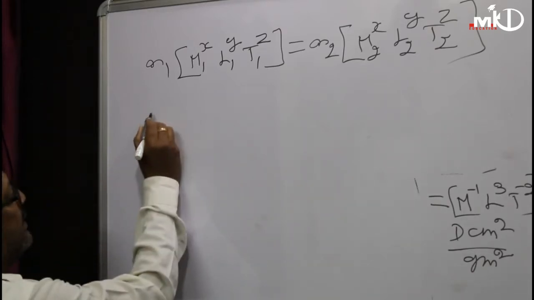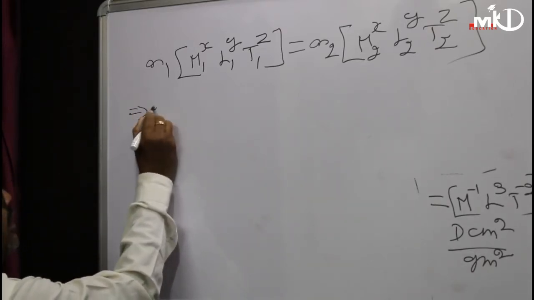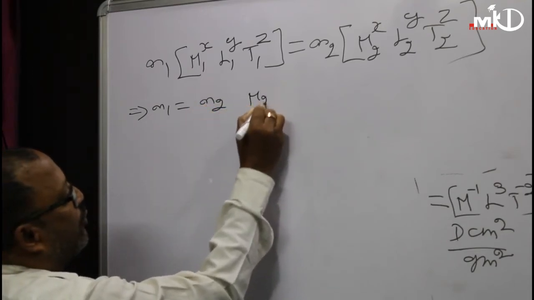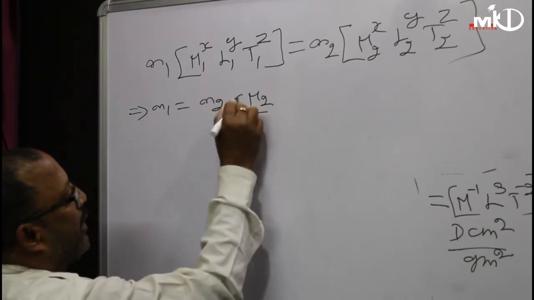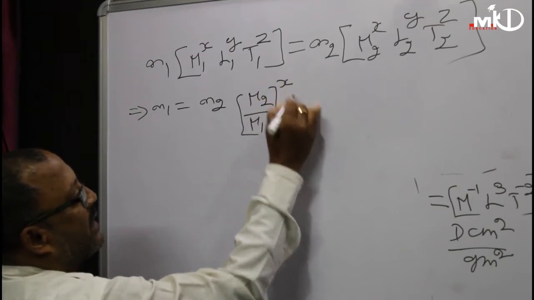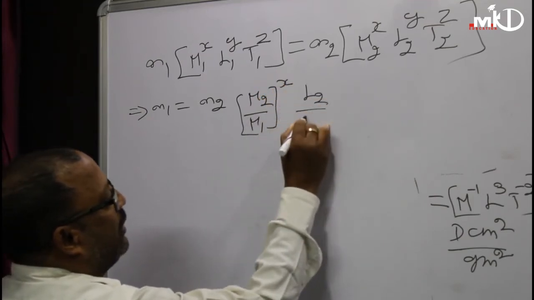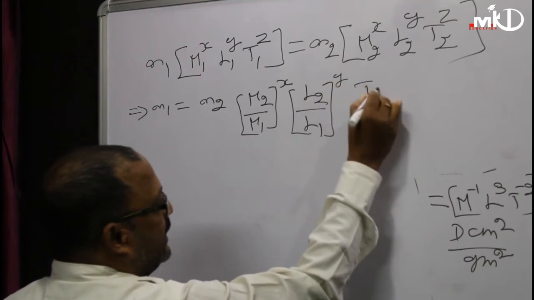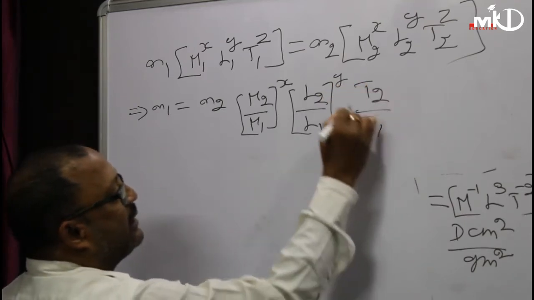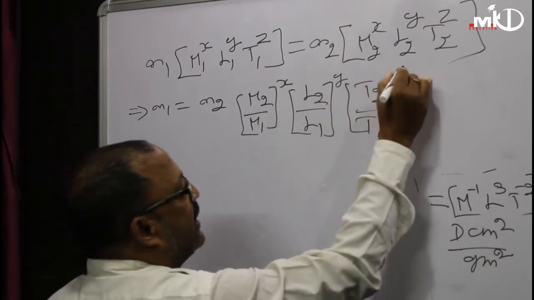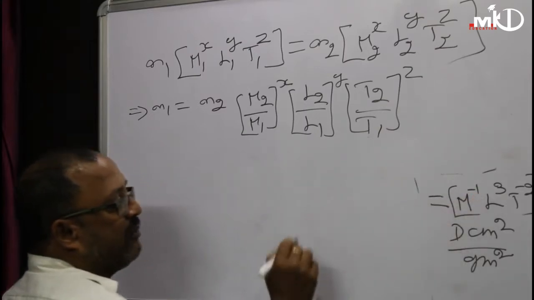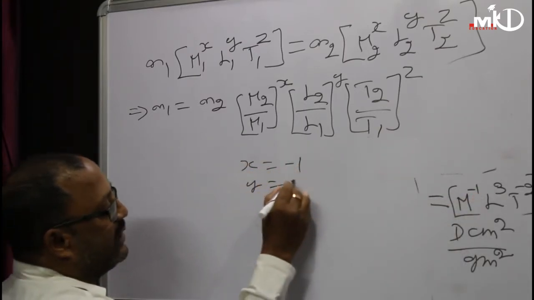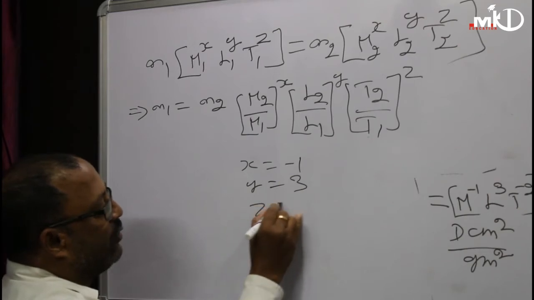Therefore, N1 is equal to N2 into M2 by M1 to the power X, L2 by L1 to the power Y, and T2 by T1 to the power Z. Here, according to the dimension, X is equal to minus 1, Y is equal to 3, and Z is equal to minus 2.